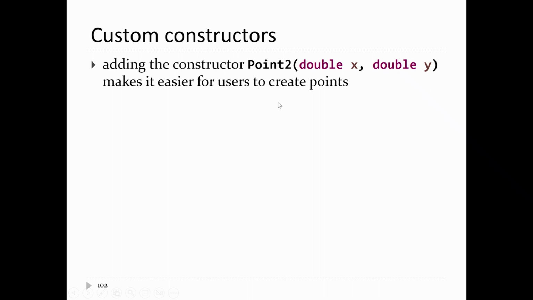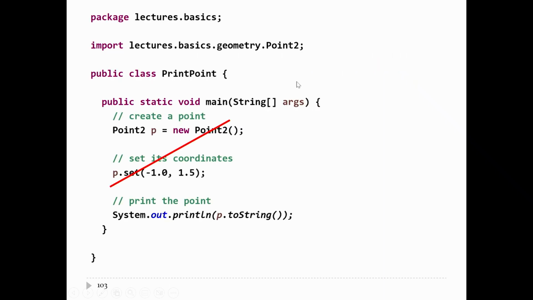Why add this constructor? Because now people can more easily use your class. Before, there was that print point example. We made a Point2 object, and its coordinates were 0, 0. Then we had to change the coordinates using set, and then we could print the point.